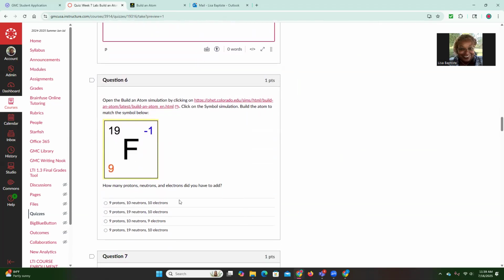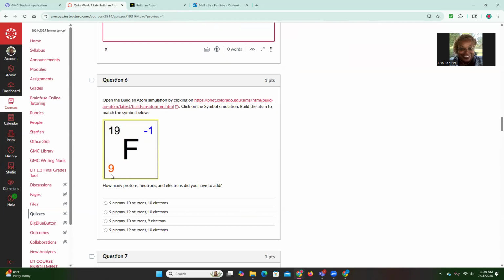Still in the same thing, but we're going to look at this particular element with the negative charge. The top number is your mass number. The bottom number is your atomic number. Remember the atomic number here, the number 9, represents the number of protons.